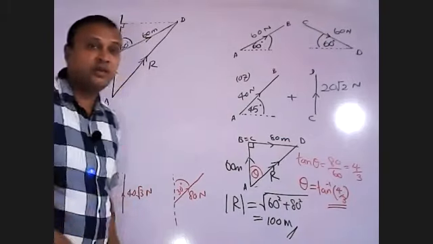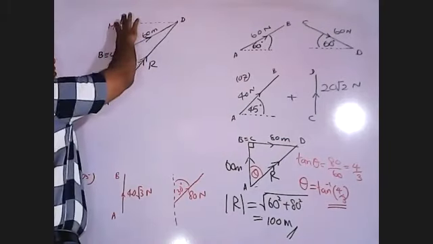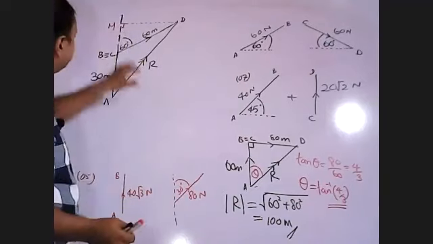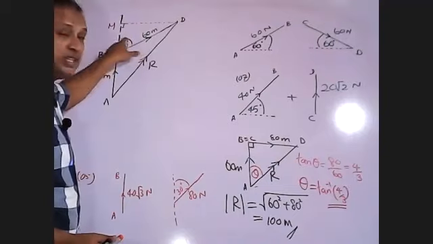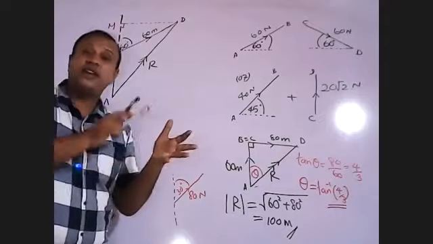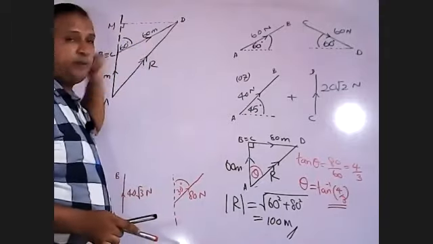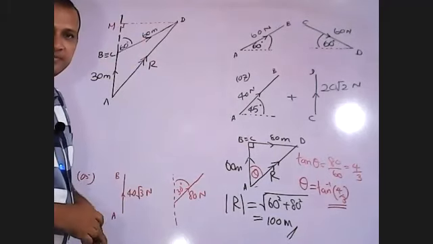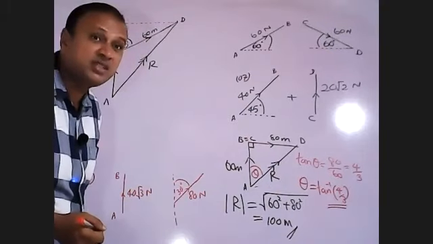If you want to find this BM value, it is the adjacent side to the 60-degree angle. There are two known factors, the angle and the hypotenuse. So what is the trigonometric ratio to find the adjacent side? It is cos theta, cos 60.